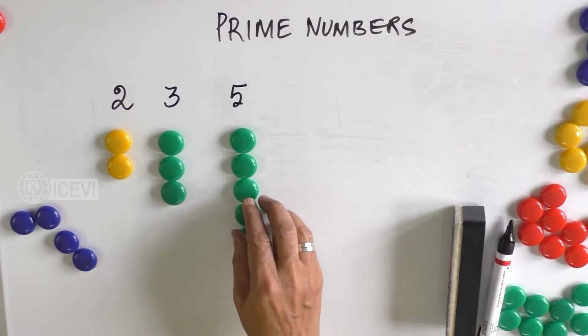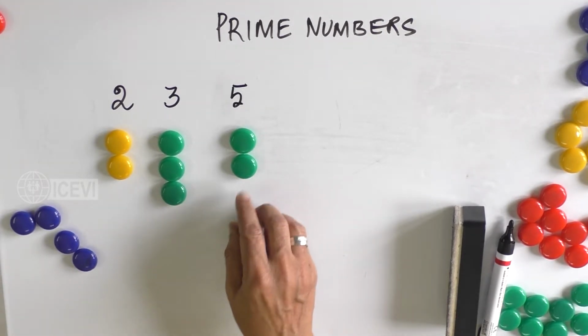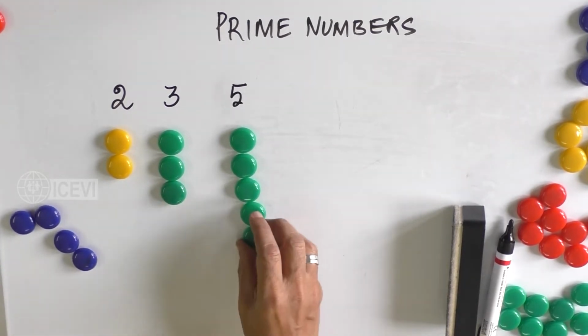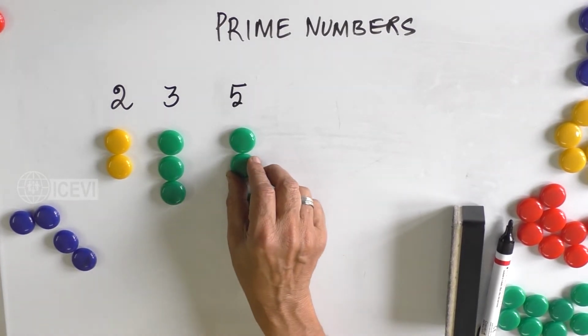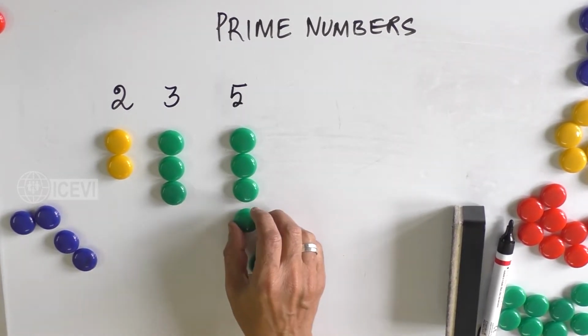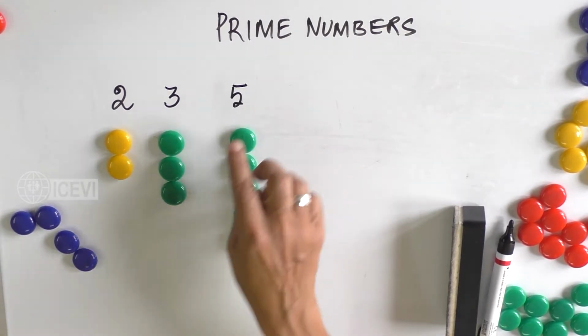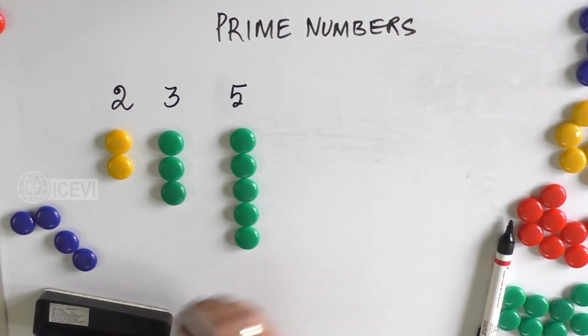Now is 3 a divisor of 5? Take 3 at a time, then you get 2 as the remainder. So 4, no, you take 4 and then 1 is a remainder. That means for number 5, the two divisors are only 5 and number 1. So 5 is a prime number.